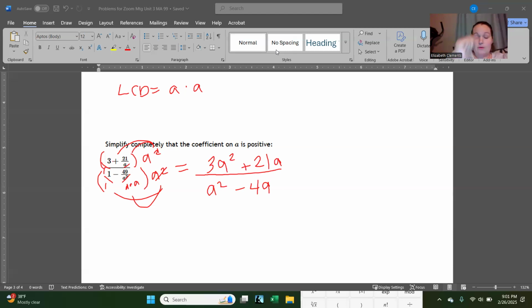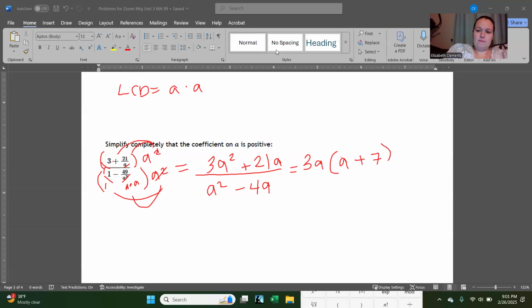Now, this is a special problem, because it looks like we're done, but it says simplify completely. So now we're going to see if there's anything that we can simplify, factor, greatest common factor. Let's try those things. For this part, I can pull out a 3 and an a. My greatest common factor up top, 3a. So then I'm left with a plus 7.